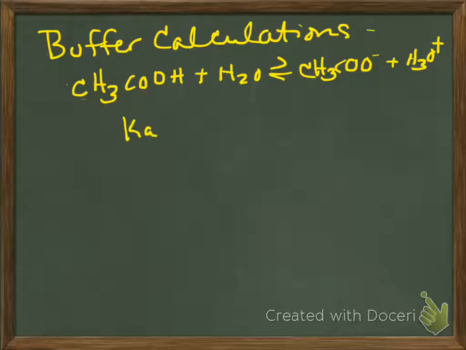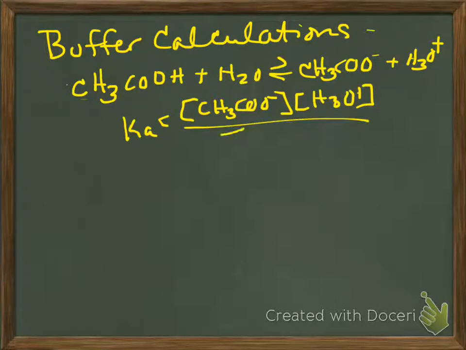Okay, as you know, the Ka is the acetate ion times the hydronium over CH3COOH.